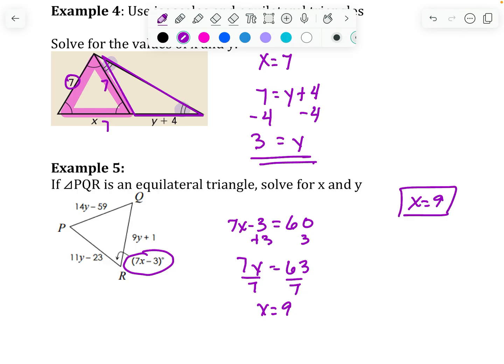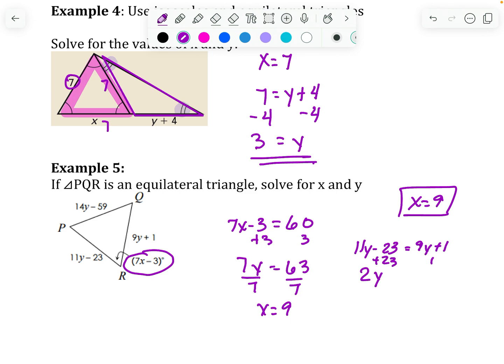Okay, and then now we're going to solve for y because we know that all the sides are equal as well. So we can really just set any two of those sides equal to each other. So we can say 11y minus 23 equals 9y plus 1.